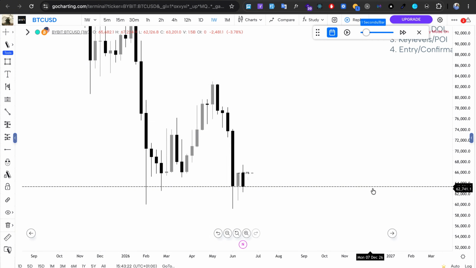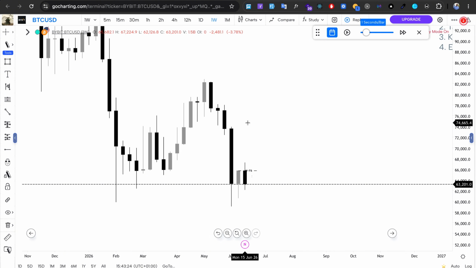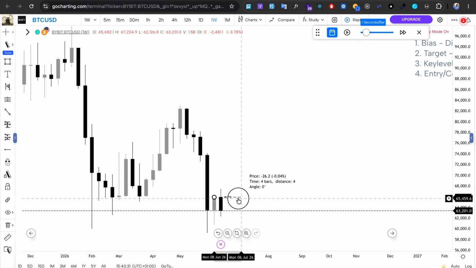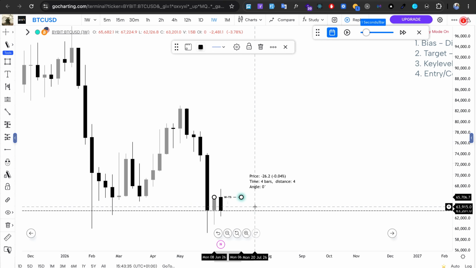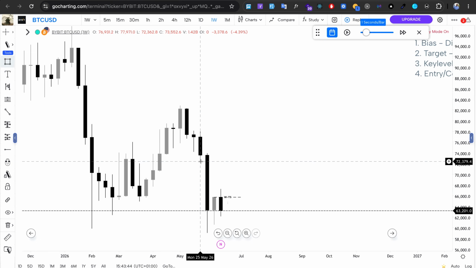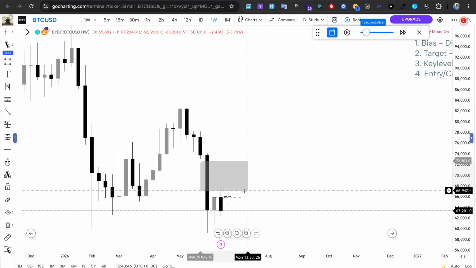And the most important thing is that this turtle soup must be happening from a key level. Key level is very, very important. If your turtle soup, your sweep, or sweep of liquidity, anything you might call it, is not happening from a key level, I will not take it. So this particular one is happening from a key level.